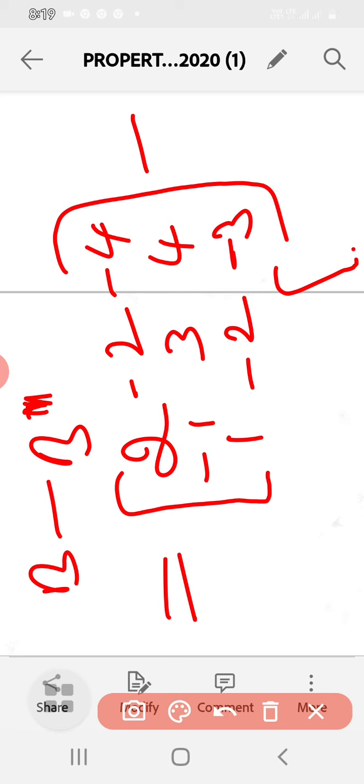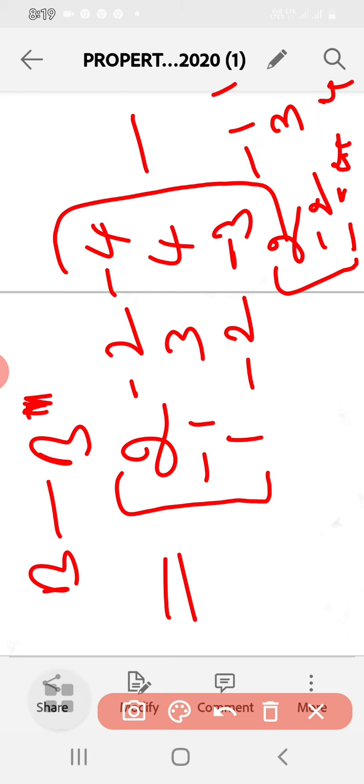B minus B dash. That is 2 minus 2 minus 4, then minus 1 3 4, 1 minus 2 minus 3. So this is B minus B dash.